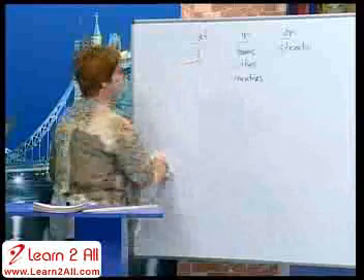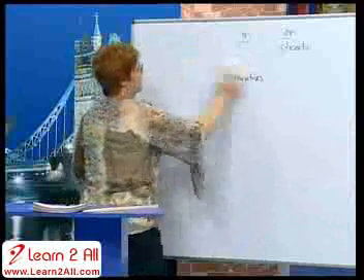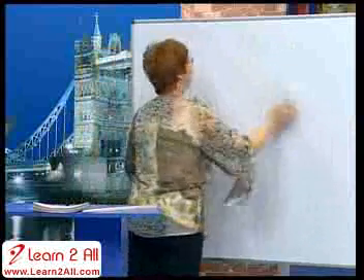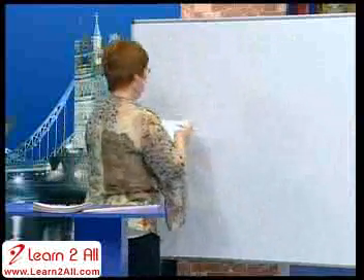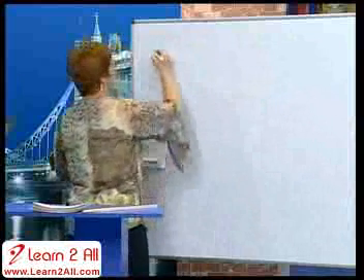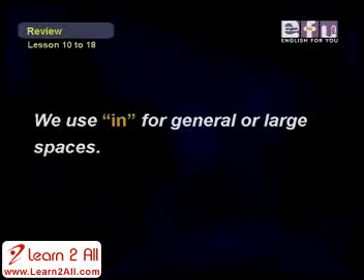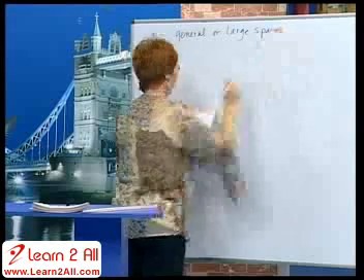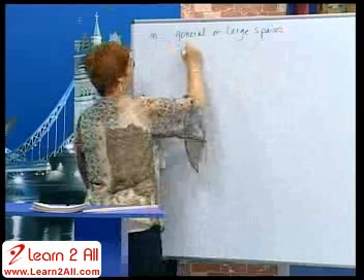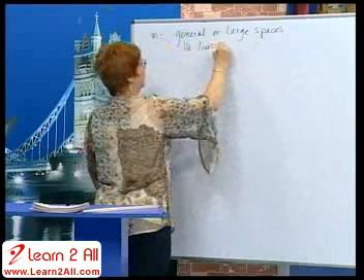Now, let's look at some examples of sentences with these prepositions. Now, we're going to do in. Remember, in is for general or large spaces. And here are some examples. He lives in Paris.